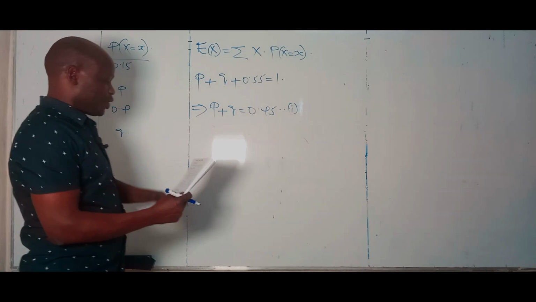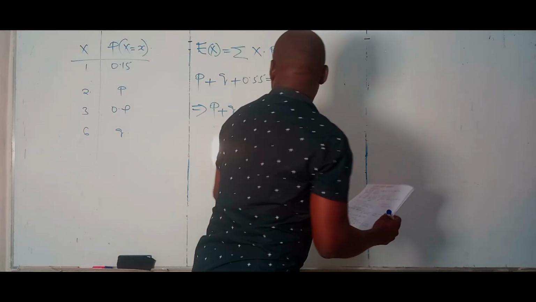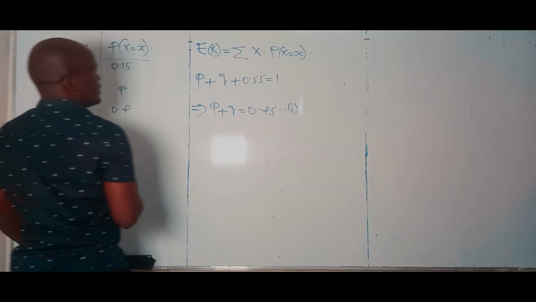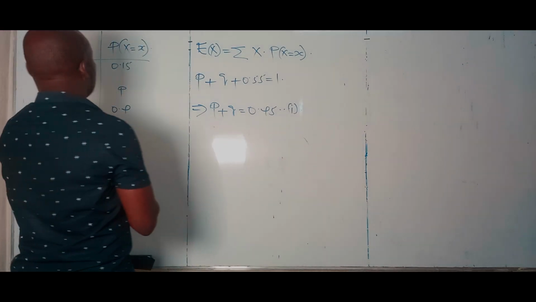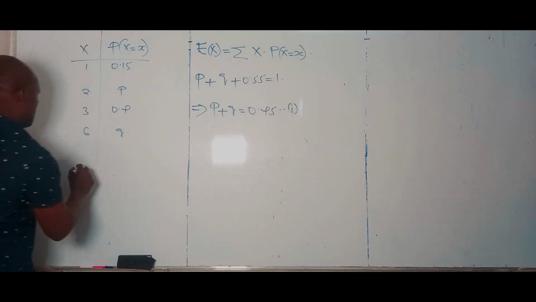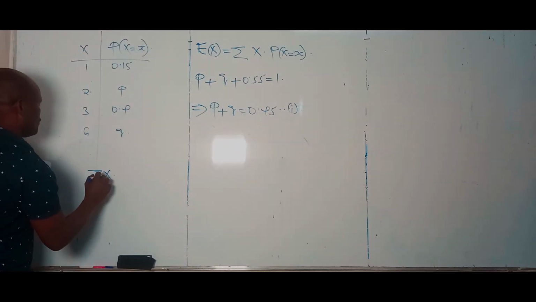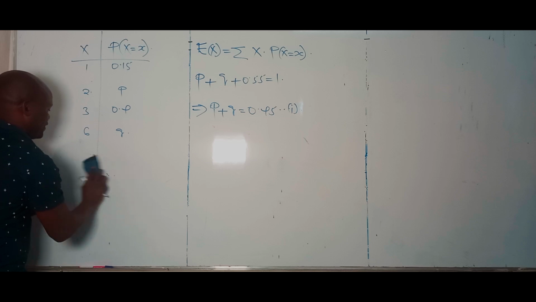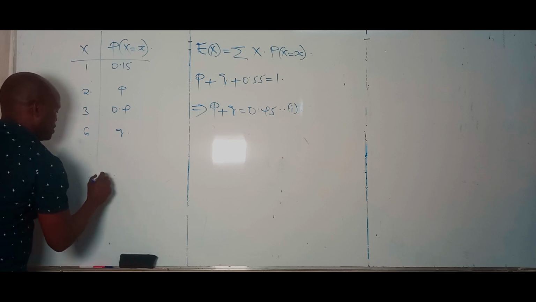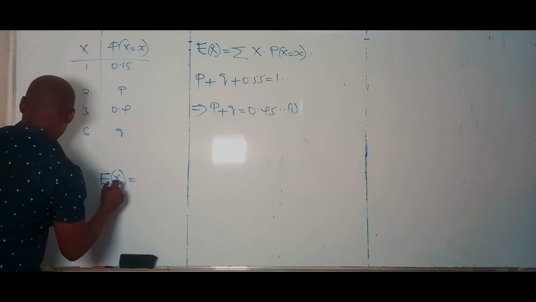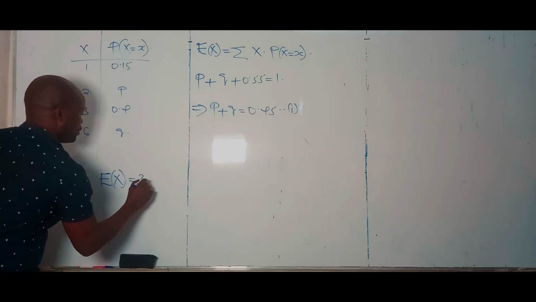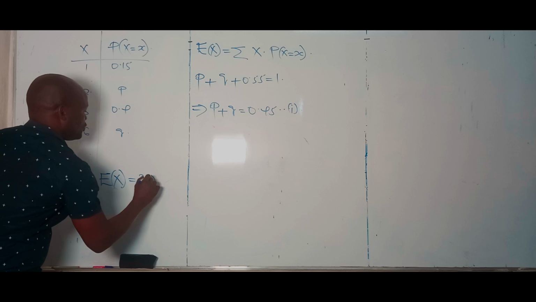Now, my second equation. We are given the expected value, that's the mean. So expected value of X, we have been given to be 3.05.